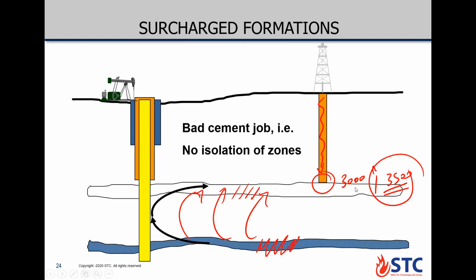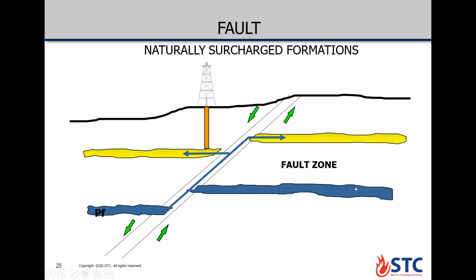Surcharged formation. Another reason is called fault, and this fault is related to a geological issue. Naturally surcharged formation. Here we have our formation normally, let's say 3000 psi at 2000 feet TVD. Once the fault happens, some formation moves upward and some formation moves down. If we're gonna drill a well here in this area, it will be normal pressure, 3000 psi.